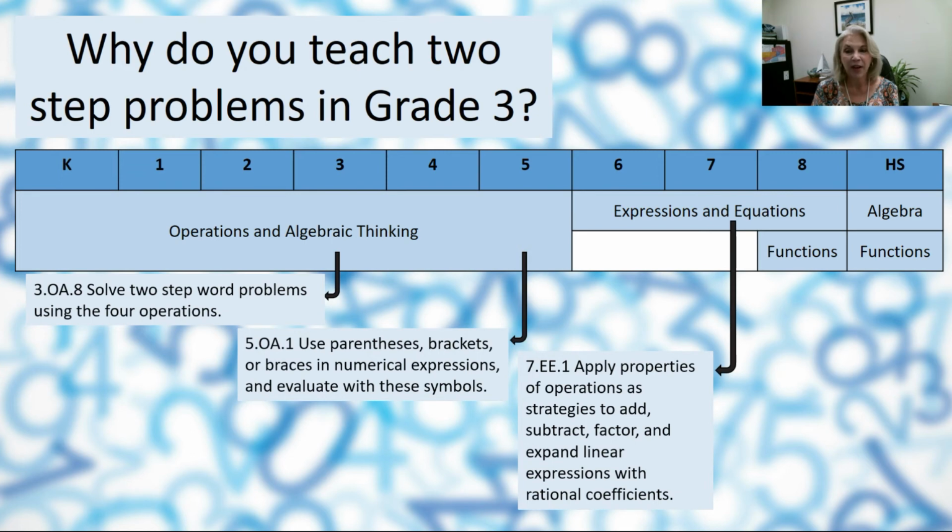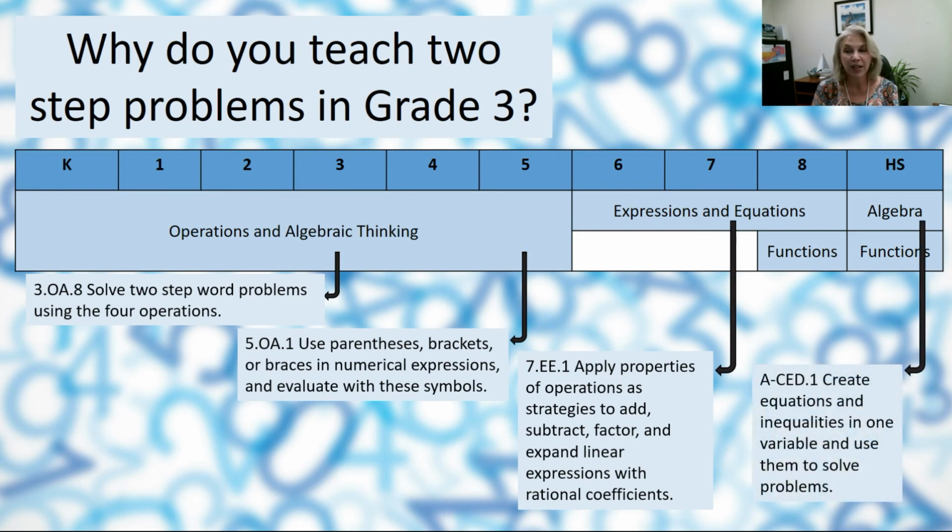Apply properties of operations as strategies to add, subtract, factor, and expand linear expressions with rational coefficients. Finally, in high school or an algebra course, students will learn the standard A.CED.1, create equations and inequalities in one variable and use them to solve problems.